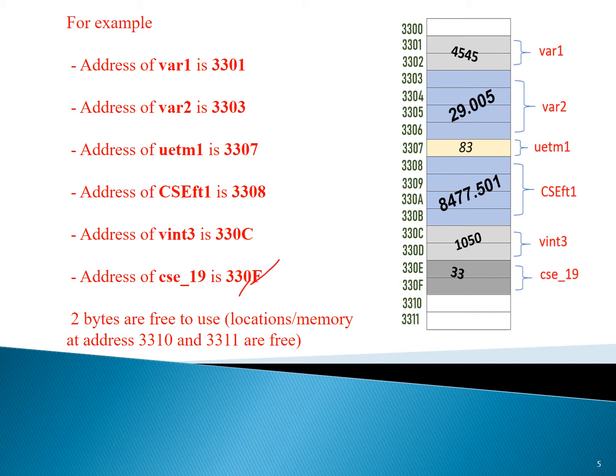And this is 330E. So that's the address of CSE underscore 19. And then we have 2 bytes which are free to use, the memory location at 3301. This one is free, and 3311, this is also a free location. So these are a few examples regarding addresses and a few variables.